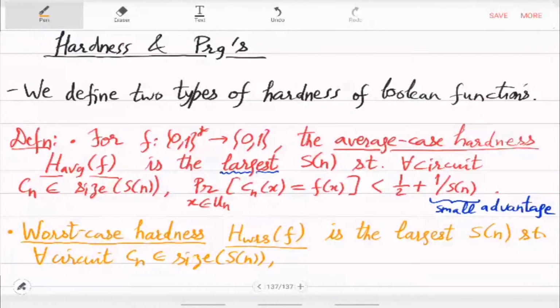now in worst case you actually want to be correct on every x. So we'll say that these circuits Cn are not able to, or they make some mistake, at least one mistake. So probability less than 1.